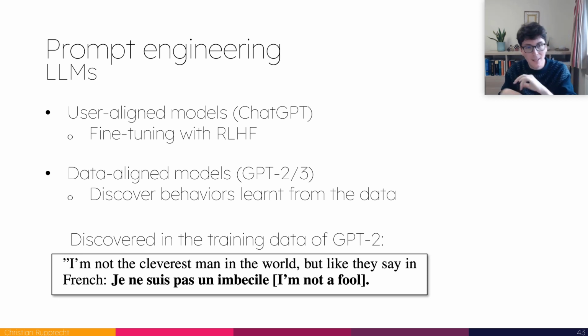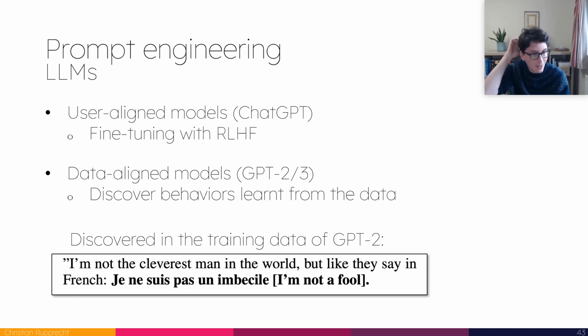And the data-aligned models often have an inherent capacity to solve some tasks that are somewhat surprising. But people have discovered that, for example, for machine translation, there's enough data out there that allows the model to pick up representations that are useful.